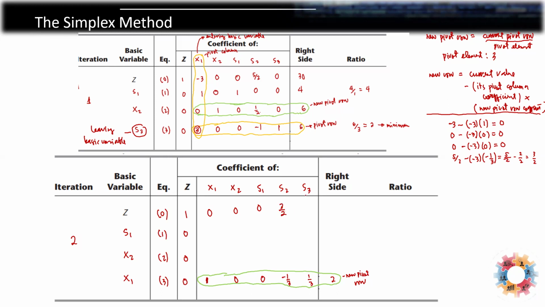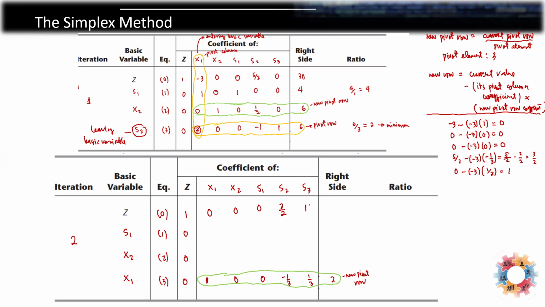And then 0 minus negative 3 times the corresponding pivot row coefficient, 1/3. So that would be 0 plus 1, since negative, negative is positive. So 0 plus 1 is 1.